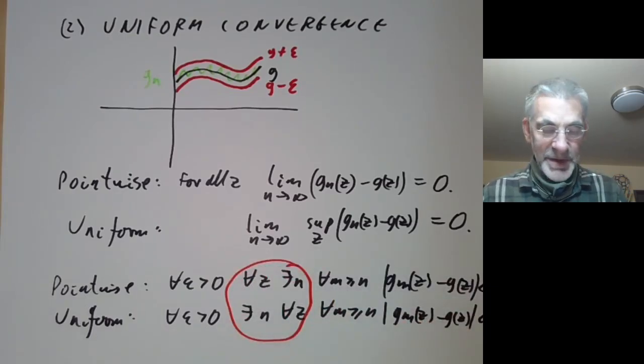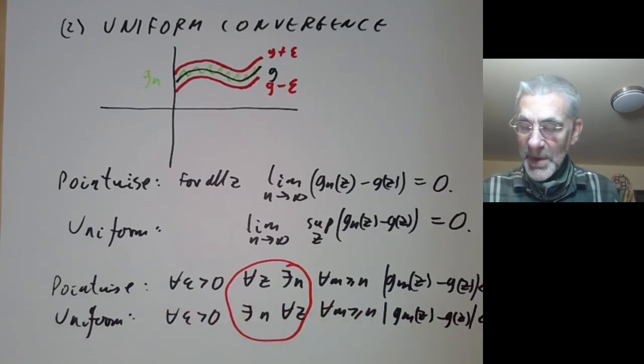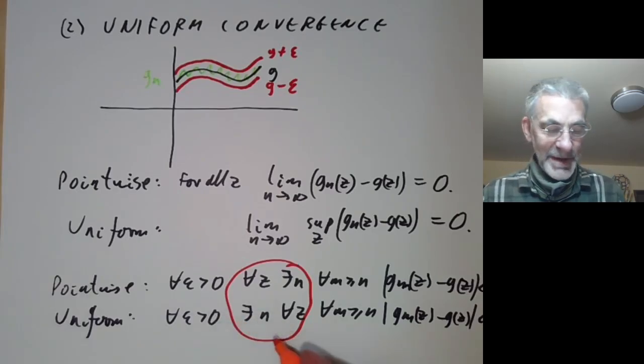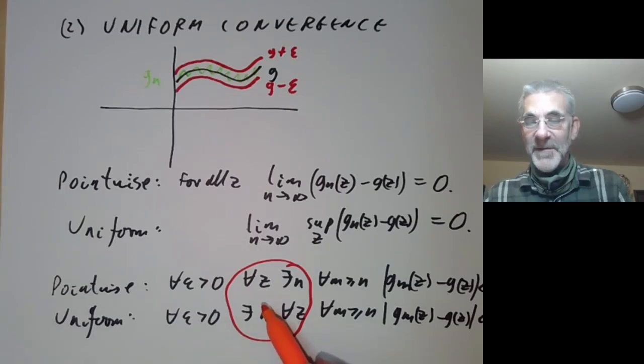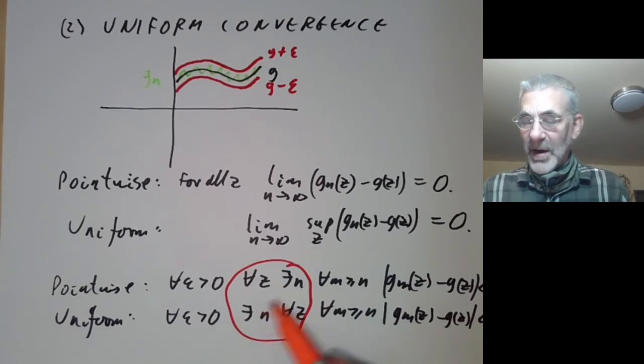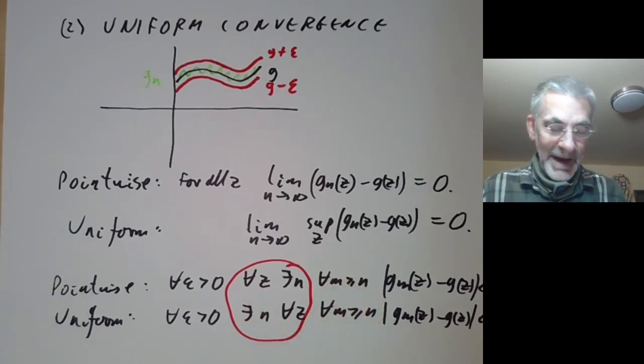And you may have noticed that writing this in terms of quantifiers like this is extremely confusing and difficult to do, and I strongly advise you don't write out things like this because you'll probably just get it wrong. In fact, I will confess the first time I made this video, I got these quantifiers wrong. I accidentally forgot this bit here, and I'm not absolutely guaranteeing I've still got it right.